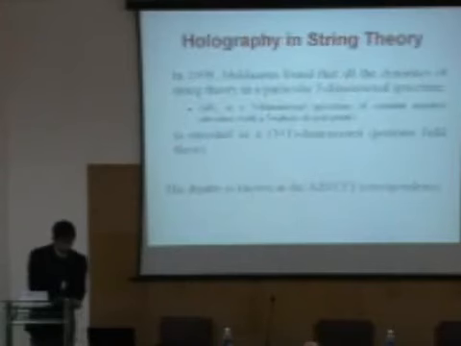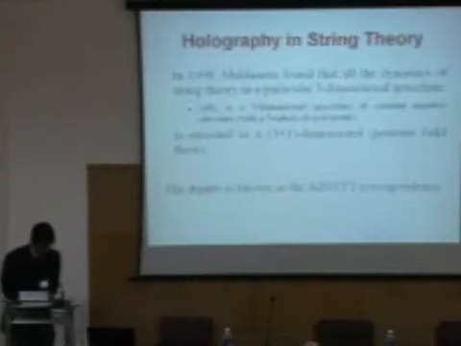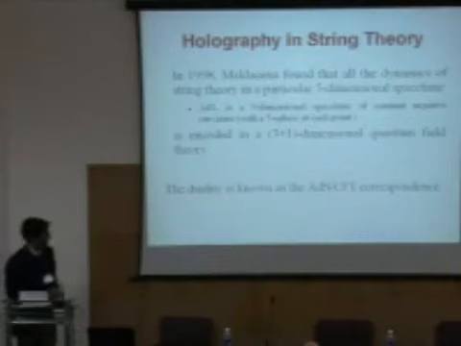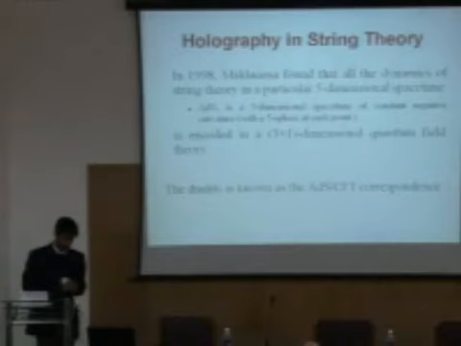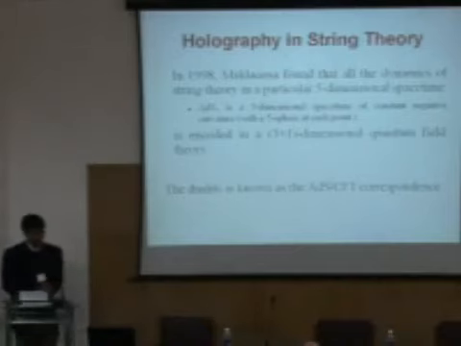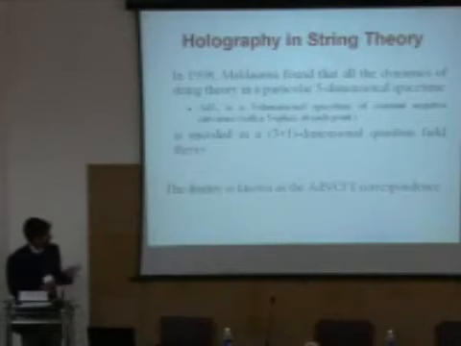So we were asking about holography in string theory. Considering D-branes and the physics of D-branes, Juan Maldacena, an Argentinian physicist, found in 1998 that all the dynamics of string theory in a particular five-dimensional space-time is encoded in a 3+1 dimensional quantum field theory.